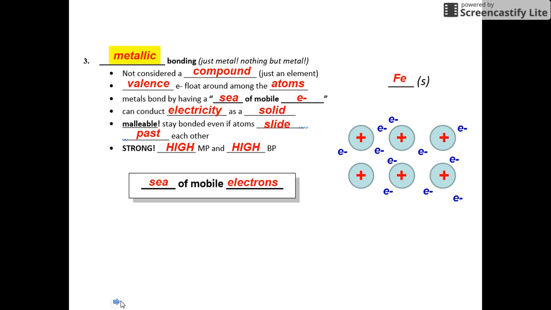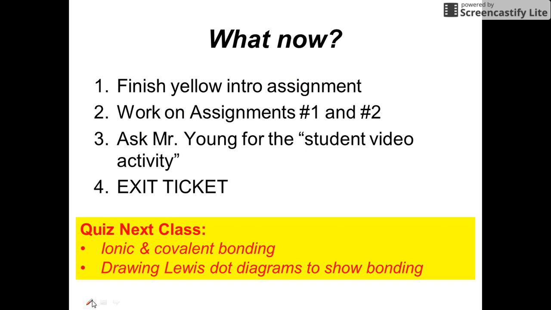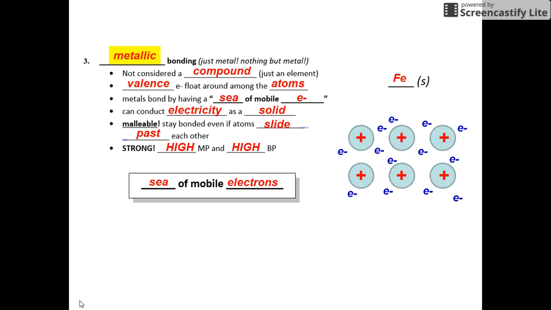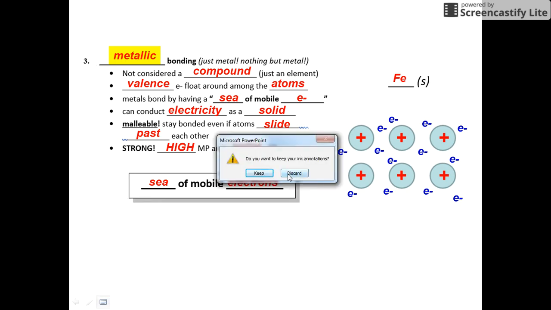And so we have something like this. We've got a sea of mobile electrons distributed and holding together these positive metal atoms. And that is metallic bonding. Oh, there's one more electron. Okay, and that is the end of the notes, and watching and listening.